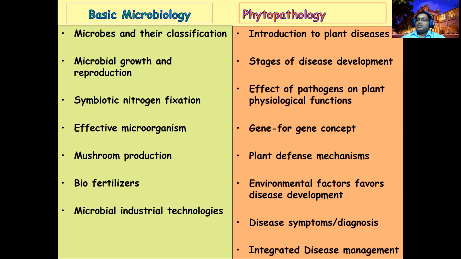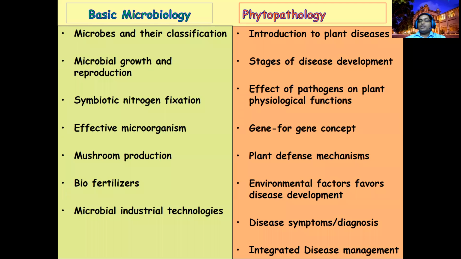This EM solution consists of certain different groups of microorganisms that are very beneficial to agriculture in various aspects: for decomposition, to increase the soil beneficial microflora, to recycle nutrients, and to control plant pathogens. The application of these effective microorganisms is followed in agriculture.